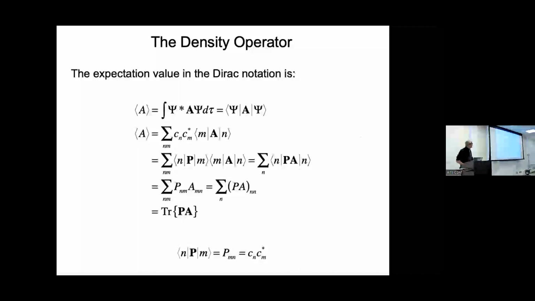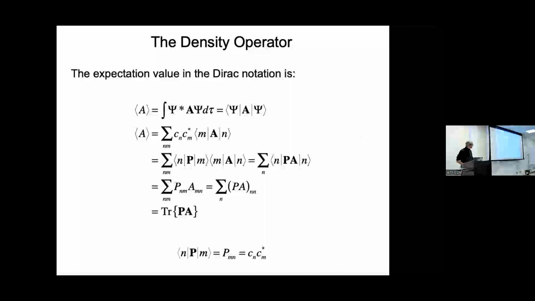If I substitute in for the expansions of the ket and the bra, the ket is the sum over n, c sub n times the kets associated with the basis functions. And for the complex conjugate, I have the bra, another index, but now the complex conjugate of the expansion coefficient. To get the complex conjugate, I have to take the complex conjugate of everything in the equation.